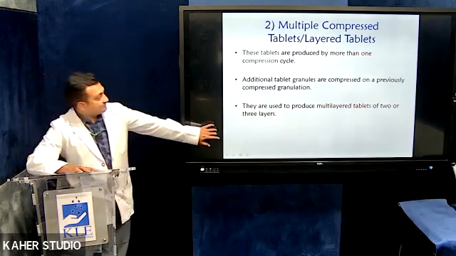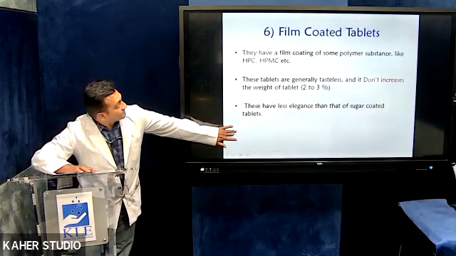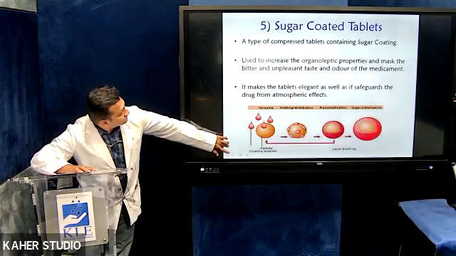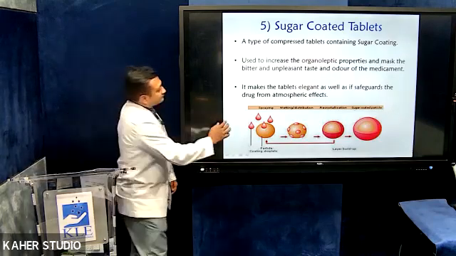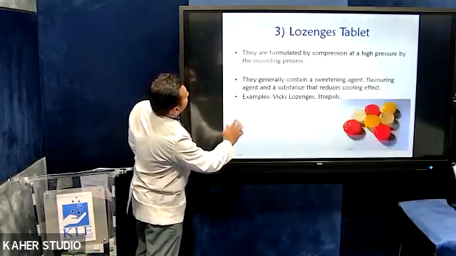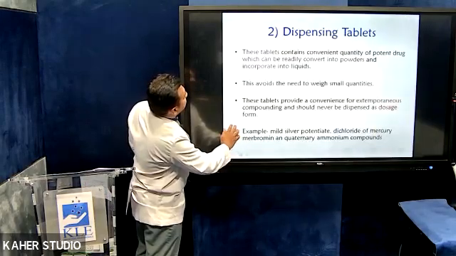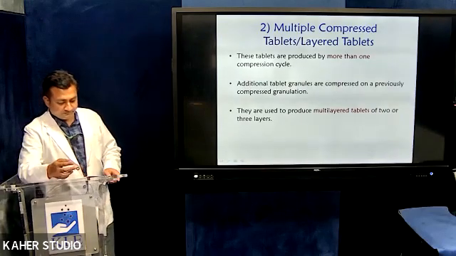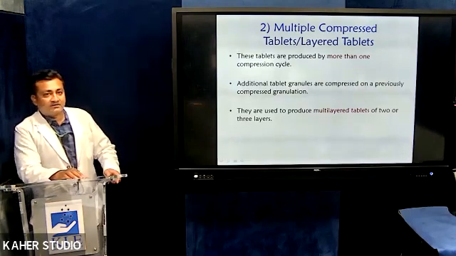Second is multi-compressed tablets or layered tablets.